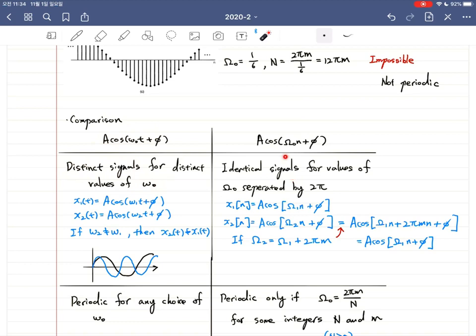However, for discrete time, if you have values of this omega 0, which is the fundamental frequency, separated by 2 pi, then they become identical signals, and we did this proof for it.